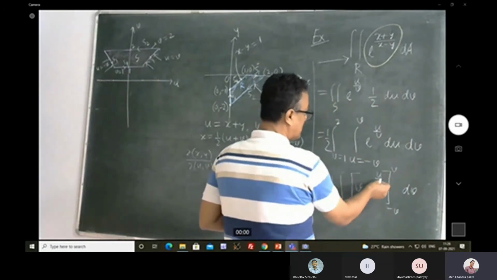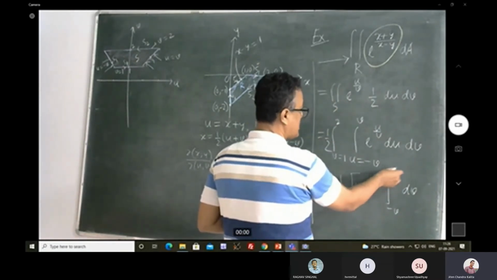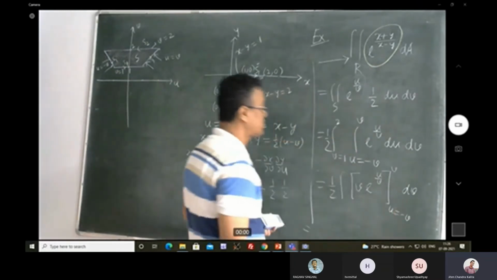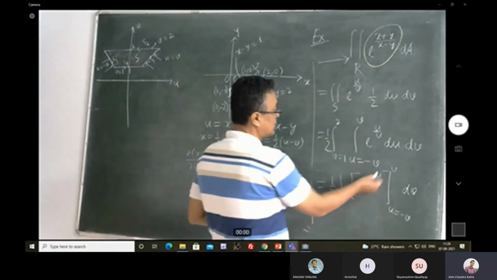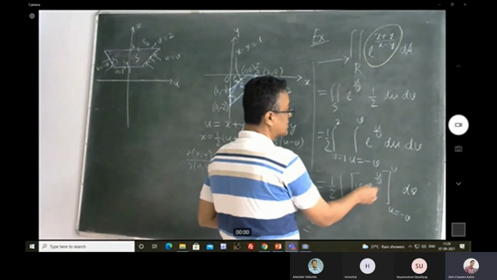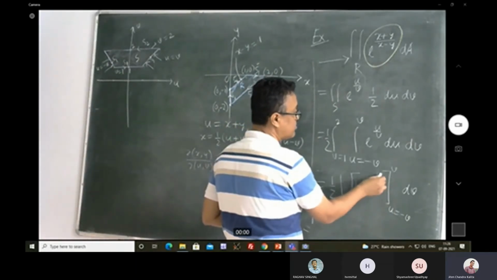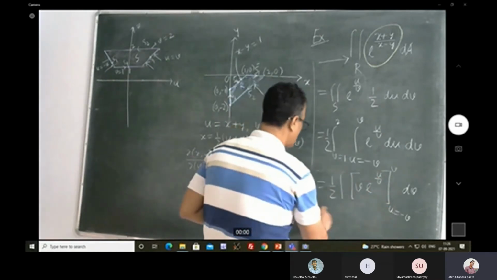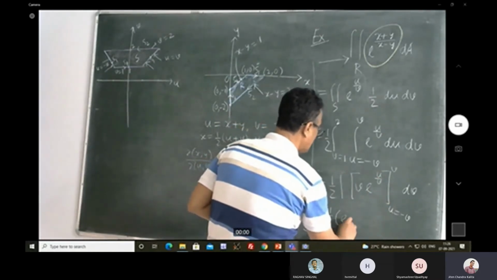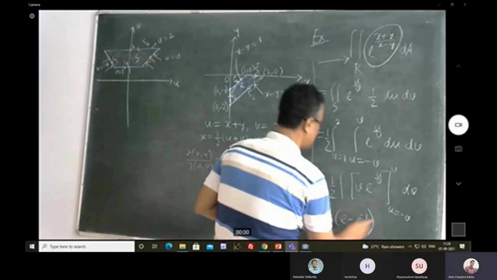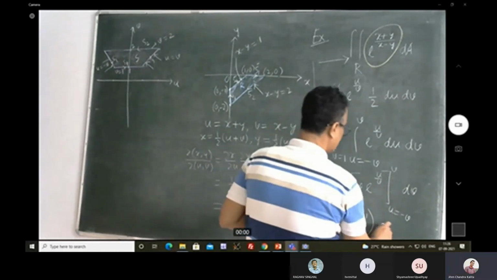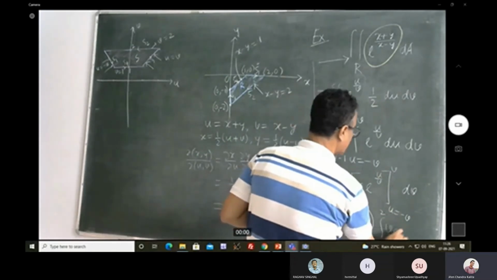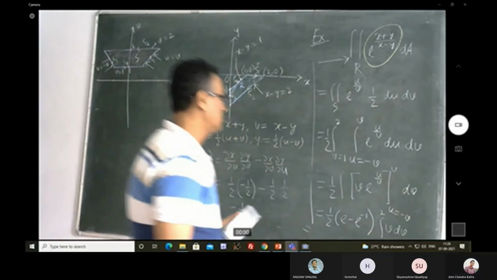Once you plug in u equal to v, and u equal to minus v, otherwise you may get confused: if you plug in u equal to v, this is simply e to the power 1. If you plug in u equal to minus v, it is e to the power minus 1. So eventually you are going to get half of this, and then the integration from 1 to 2 of v dv.